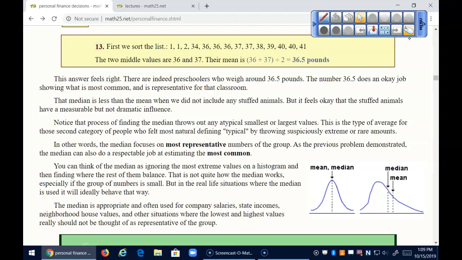When do you use this? For things like company salaries. You don't want to count the CEO when you're saying what's the average company salary. You should use the median. Otherwise, it's going to be like the stuffed animals in the other direction. Or state incomes. Neighborhood house values.